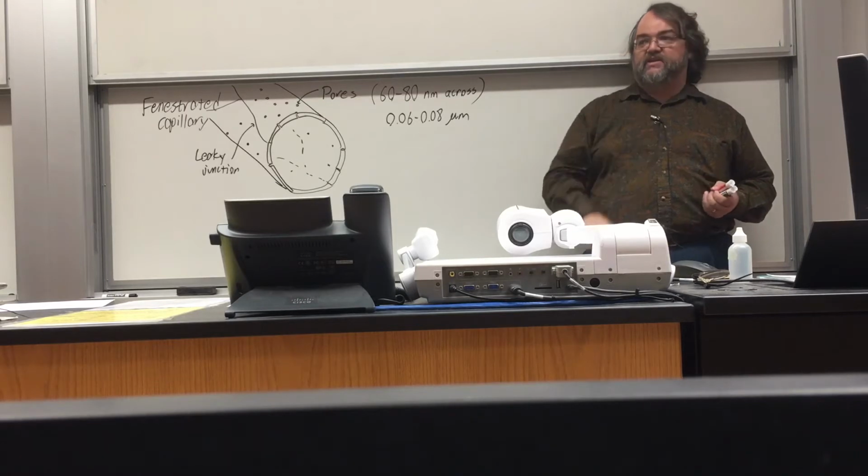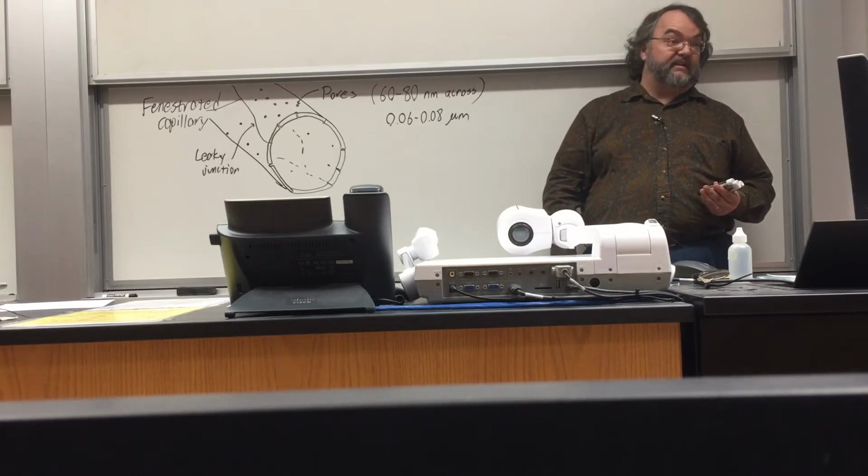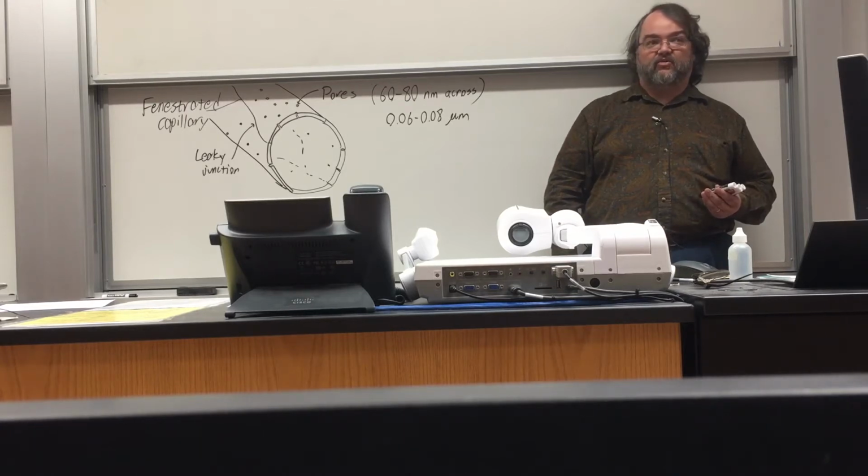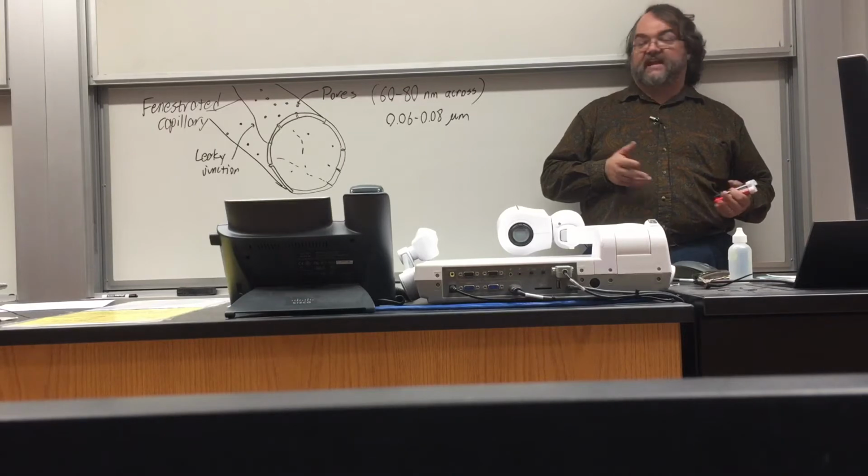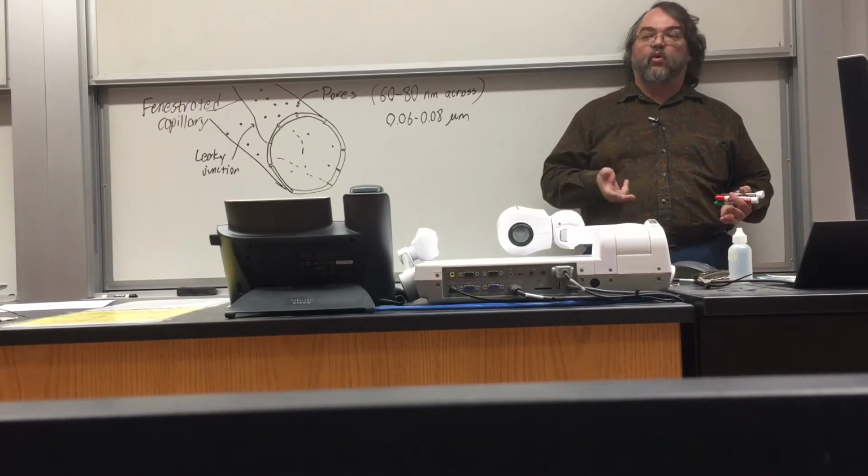So tiny, way too small for any cell. But big enough for pretty much any organic molecule except a protein to get through. So things like glucose, amino acids, individual nucleotides, organic waste molecules, things like that, can pass through these pores quite easily.